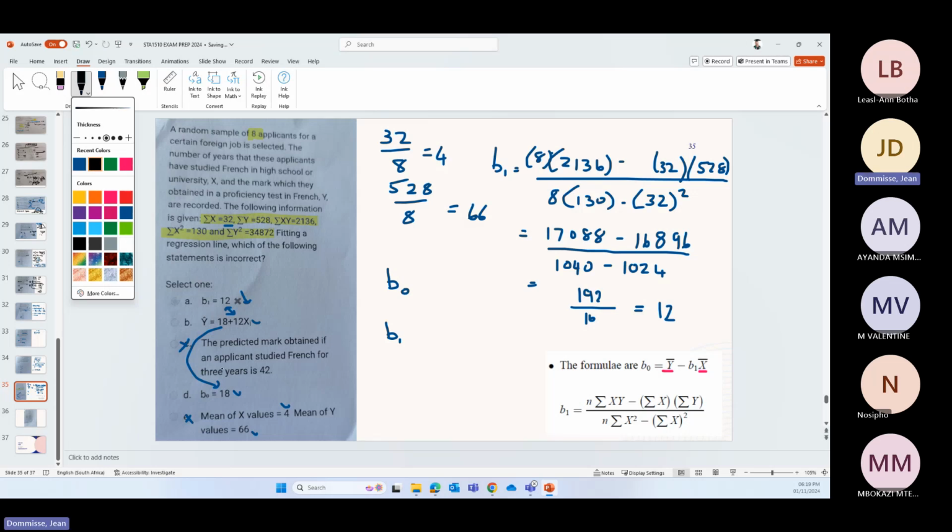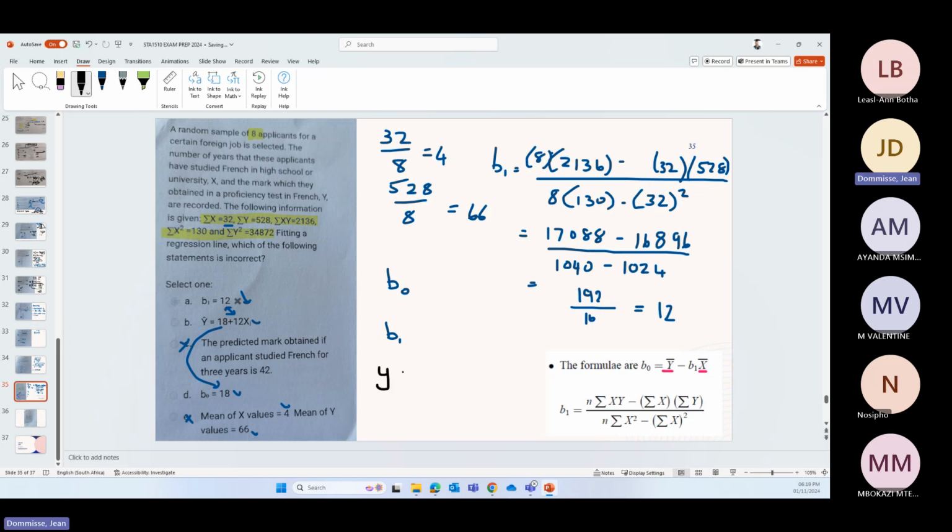Then this formula is also correct. So predicted mark obtained if an applicant studied French for 3 years. So let's check now. If we set y equal to 18 plus 12 times 3, 12 times 3 is 36 plus 18 is 54.